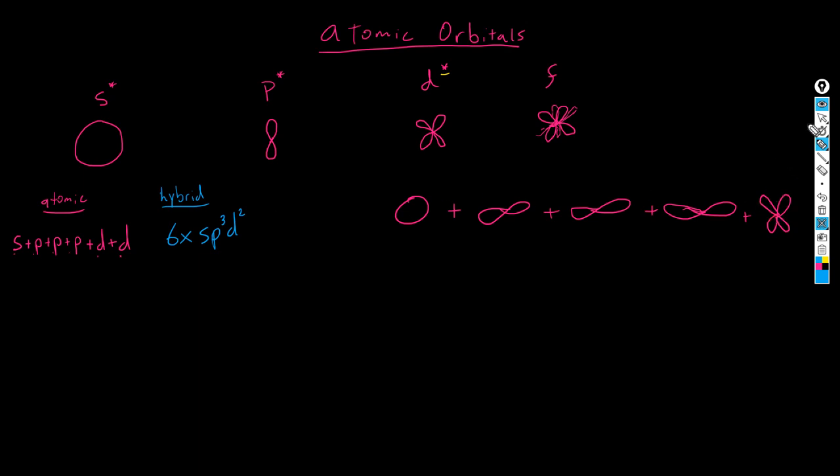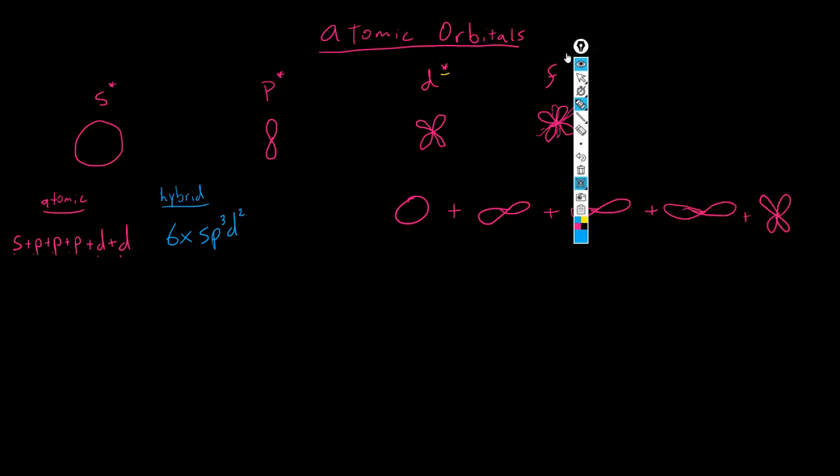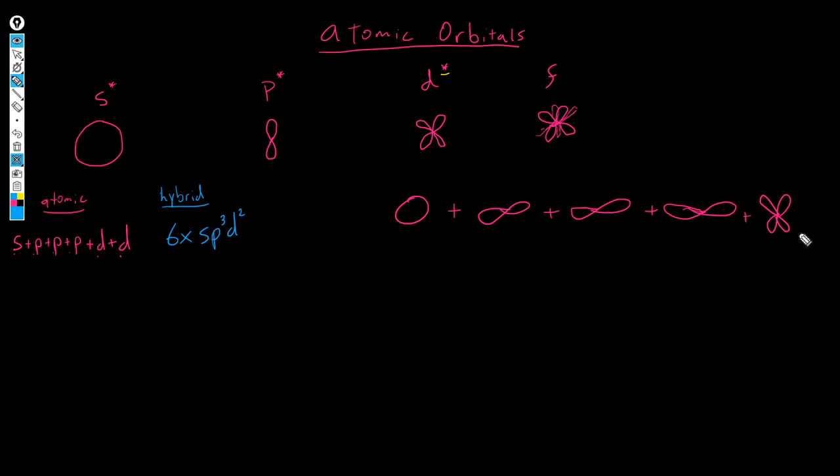So this will now bring in an extra d orbital into the mix, so another clover-shaped orbital.